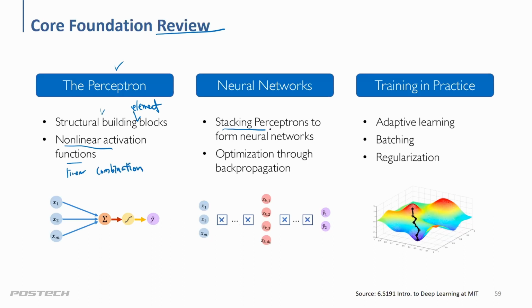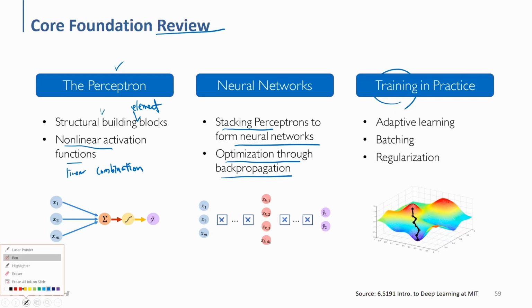And we're gonna stack the perceptron to form the neural net. And we're gonna optimize it through the backpropagations. And for training, let me change the colors.